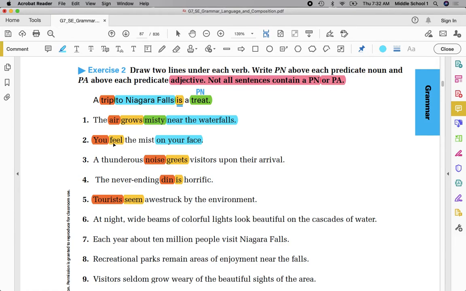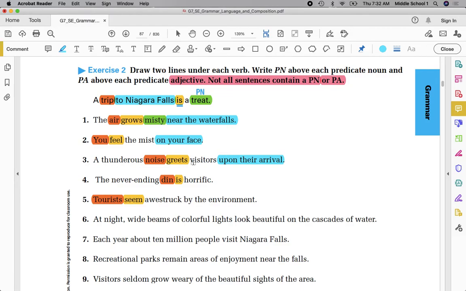Again, can you substitute is or are? You made that notation on the previous page. Number 3, a thunderous noise greets visitors upon their arrival. Prepositional phrase. So this is the word in question. Can you say noise is or are visitors?